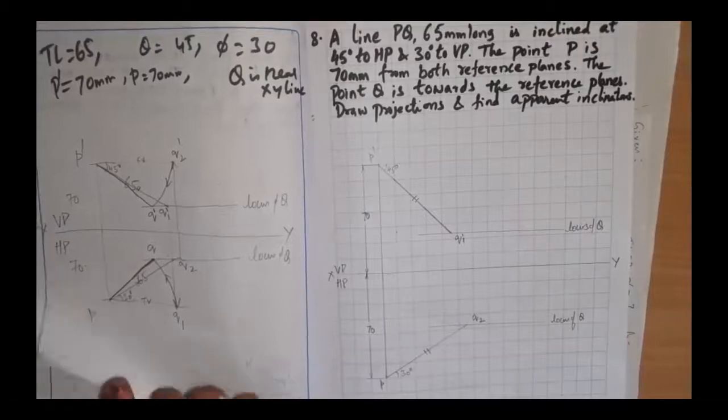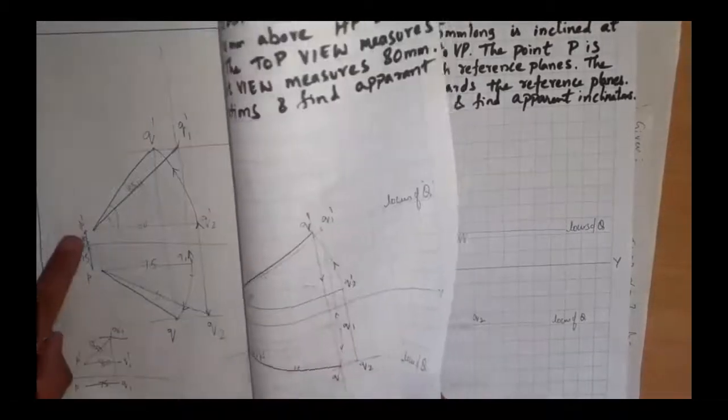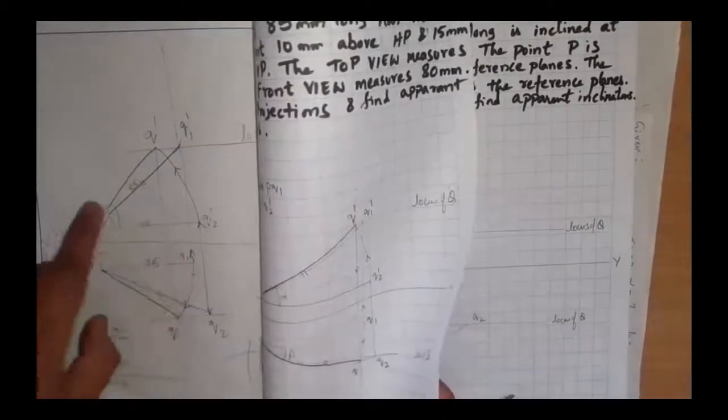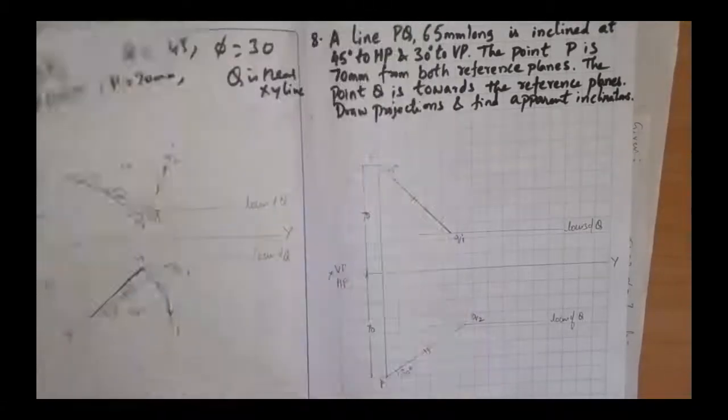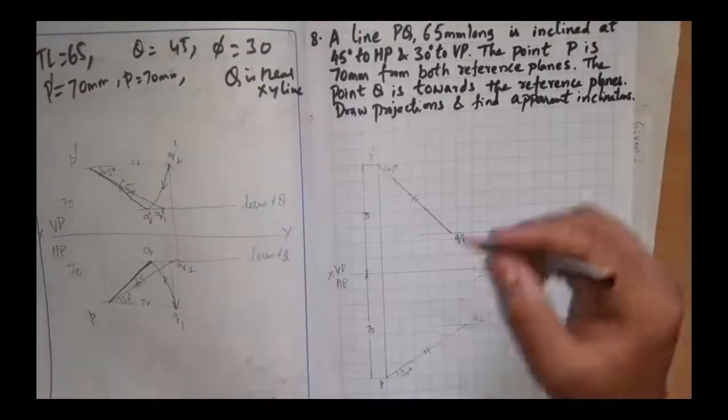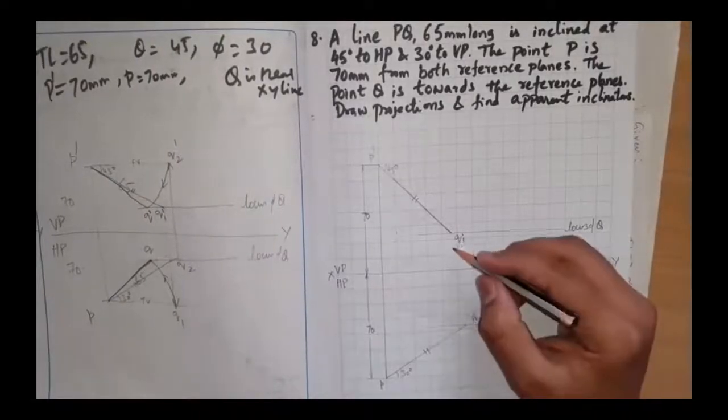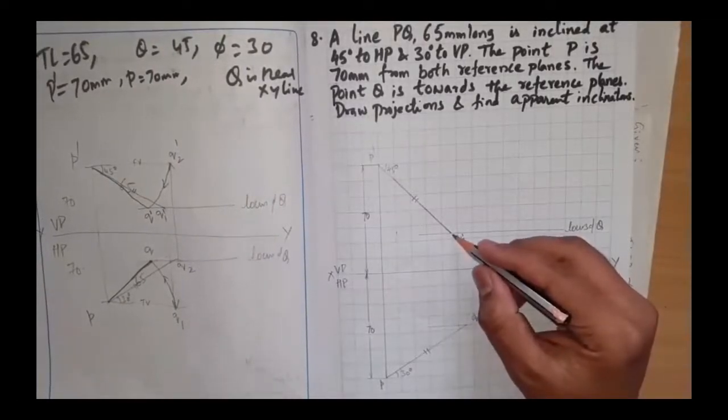In earlier problem, one endpoint A or P was fixed, and then you are assuming the endpoint Q to be parallel to VP and you are drawing the true lengths. Same way, here the same true length, I'm going to drop it till the point of rotation.